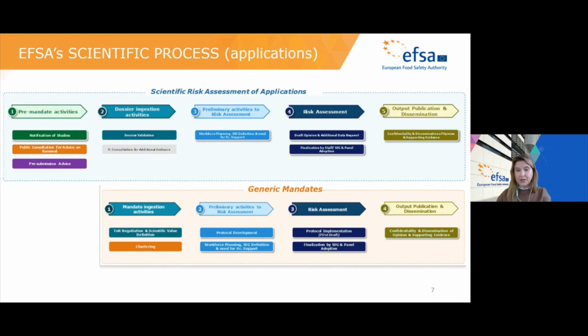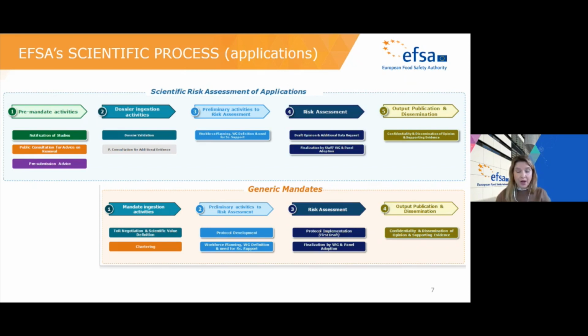Before digging into the individual sourcing needs, it could be useful to explain, or to refresh for the attendees that are maybe already familiar with the EFSA process, how the EFSA scientific process works in case of a new application and in case of receiving generic mandates.